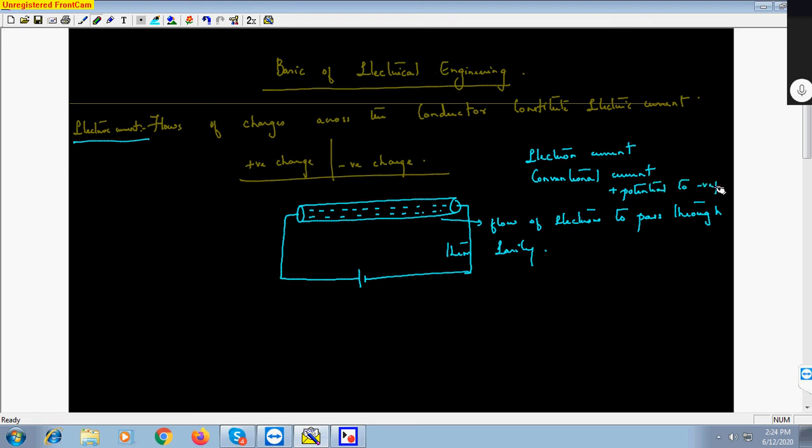But usually the electron flows from negative potential to positive potential. That's the main thing. So electrons usually flow like this, this is electron current. It flows from negative to positive. This is the positive terminal, this is the negative terminal of the battery.